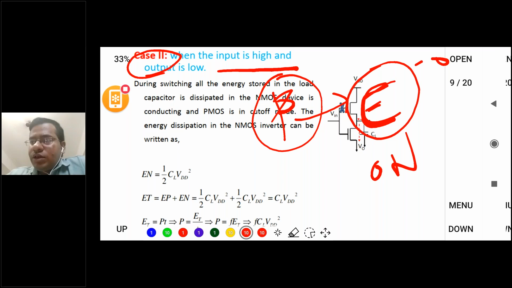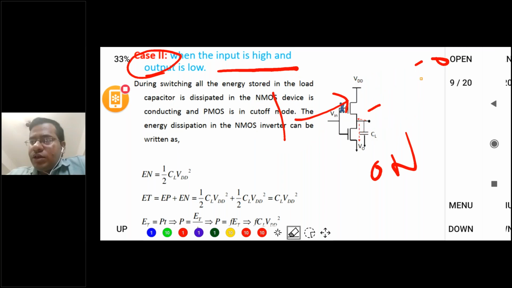So if we talk about the current, the main objective is: if this transistor is on, suppose this is 0 and this is logic 1, now this is on condition. So your transistor is going into the switching state.